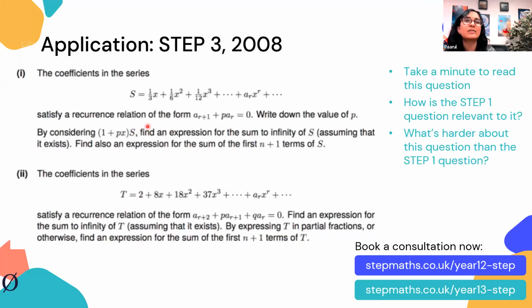Equals something, whatever the answer is. And then they're saying maybe if we divide by this, we'd get some kind of partial fraction. They're saying maybe T and S are Taylor series based on a different function. Find the expression of the coefficients. (1 plus px) times S seems a lot like how you derive the summation for a geometric series. Interesting. What would happen in this case then?